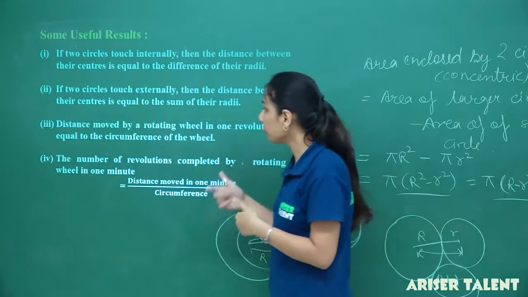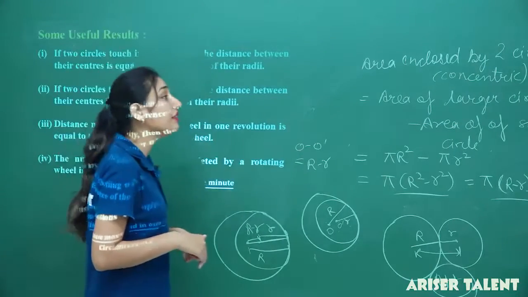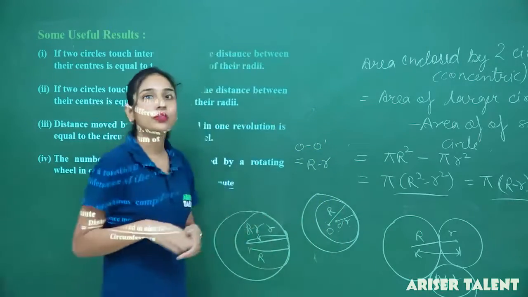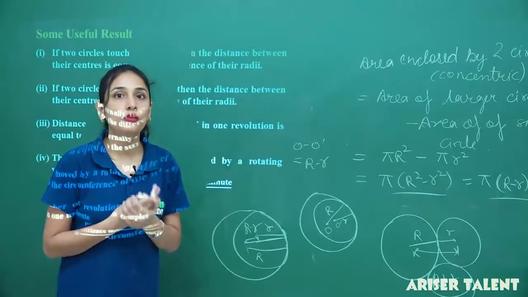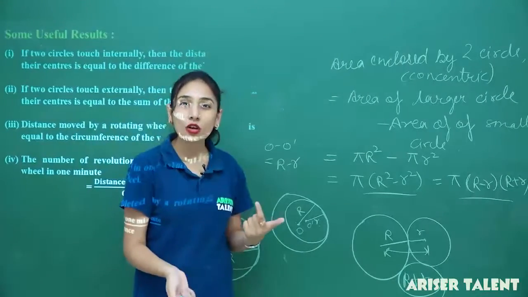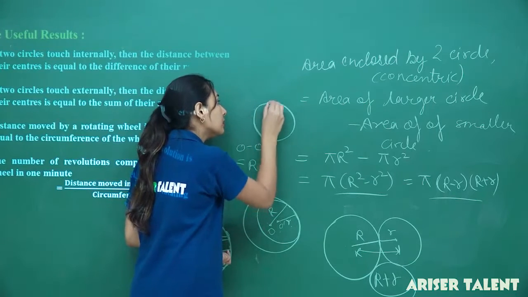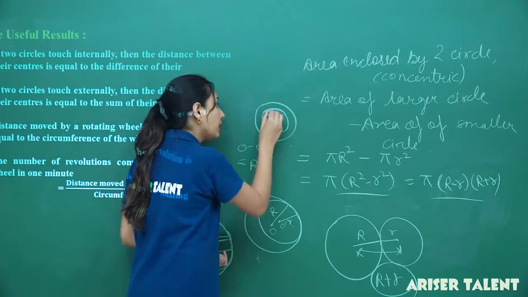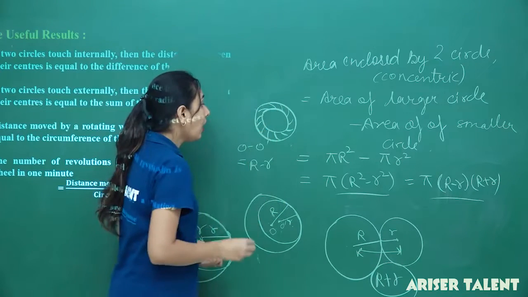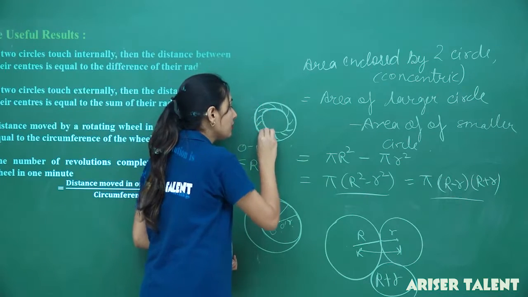Distance moved by a rotating wheel in one revolution is equal to the circumference of the wheel. Now, what is a wheel? You have your bicycle, right? And you have your bikes, right? So you have a tire in that, which is a wheel obviously. Let's suppose this is the tire of your bike. Now the complete circumference of this is this.